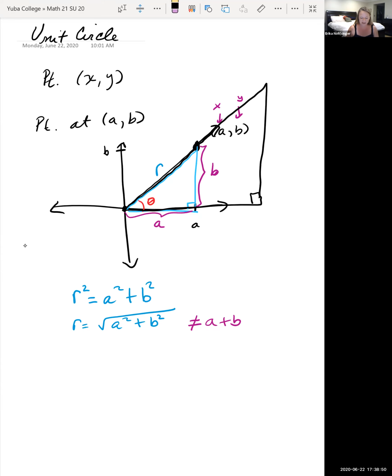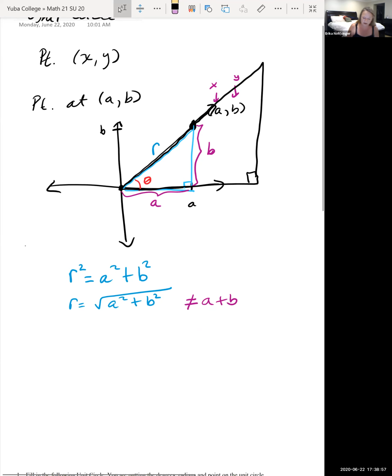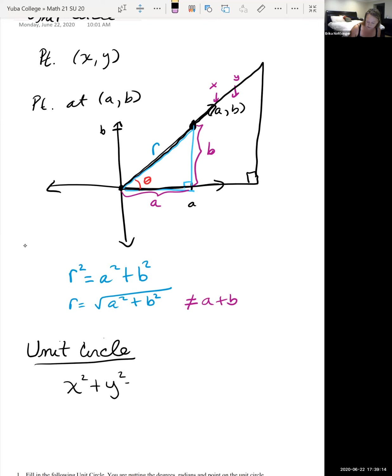That's why we can make our radius be 1. So we're going to use the unit circle, where x squared plus y squared is equal to 1. This is a circle centered at the origin with a radius of 1.